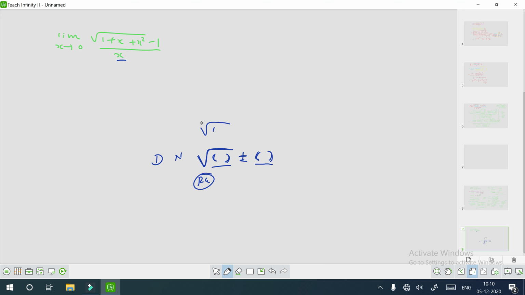And whenever square root of some function plus or minus square root of some function is given to us, then also we have to rationalize. એવા સંજોગોમાં પણ આપણે શું કરવાની હોય? કરણી કરવાની હોય.